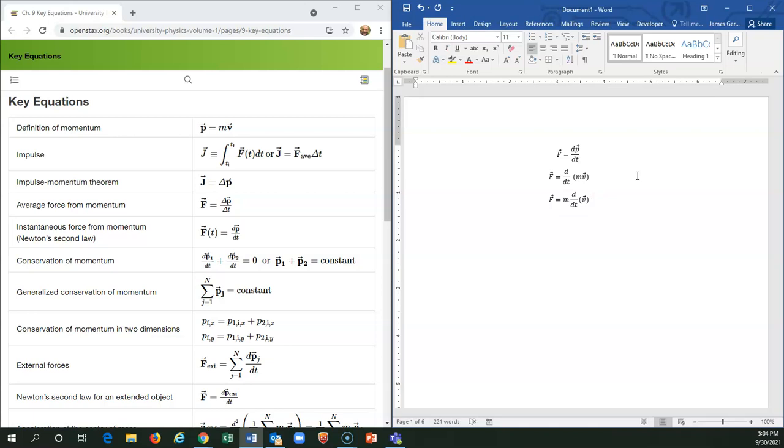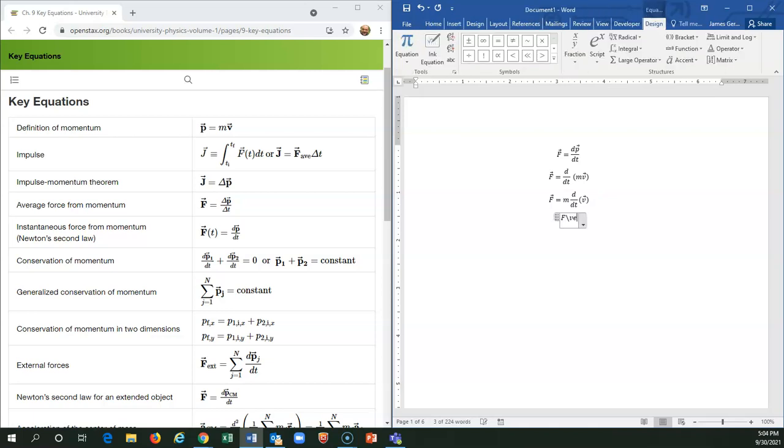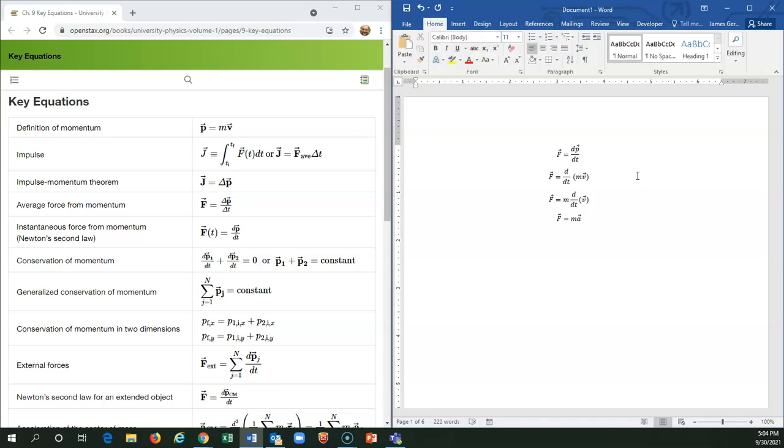Well, what's the derivative of velocity? The derivative of velocity with respect to time is just acceleration. So we're back to Newton's second law, right? And so at the end of the day, F equals dp/dt for any object of constant mass is just Newton's second law.